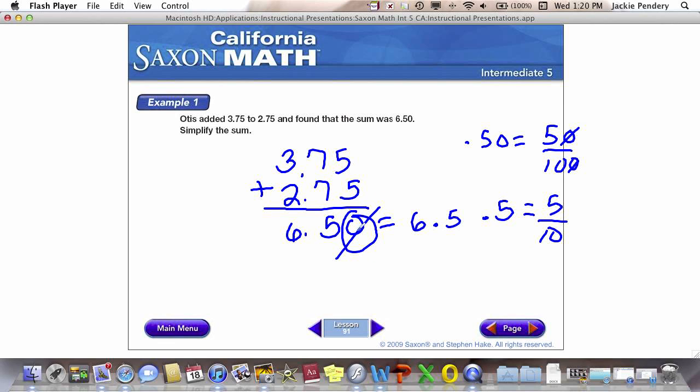Because there are no digits greater than 0 to the right, I don't need that 0. It's telling me I have 50/100ths, which we know is the same as 5/10. So I can reduce 6.50 down to 6.5. Okay, let's look at another example really fast.